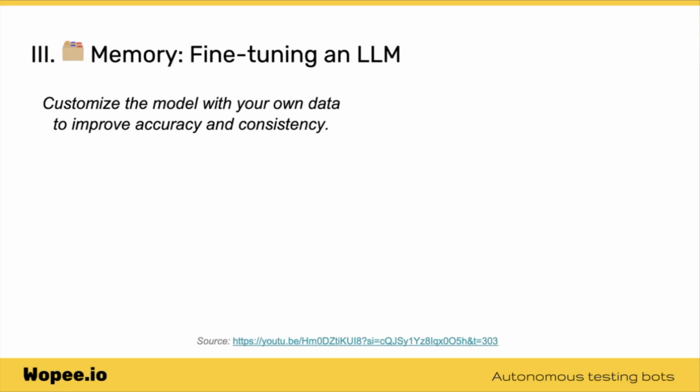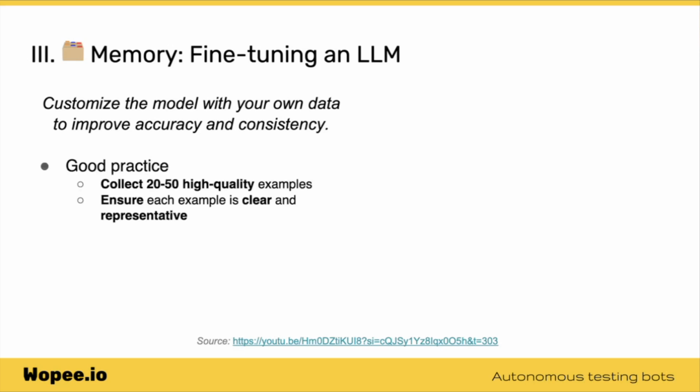You basically customize any model with your own data to get better accuracy and consistency. To do so, I would like to recommend a link, the link is horrible, but on that link you can find a nice explanation about fine-tuning. From there, I took one screenshot for the slide. That's why I'm mentioning it here.